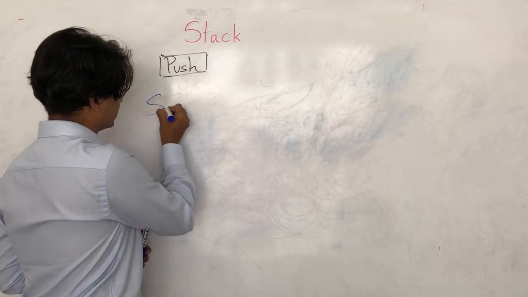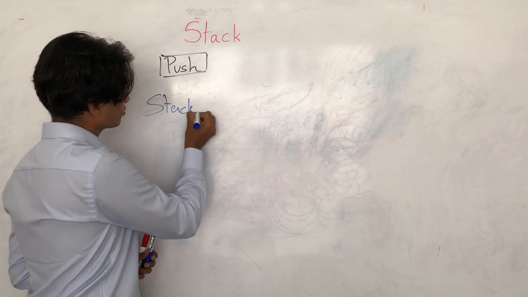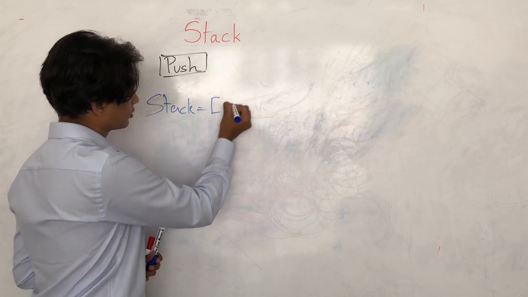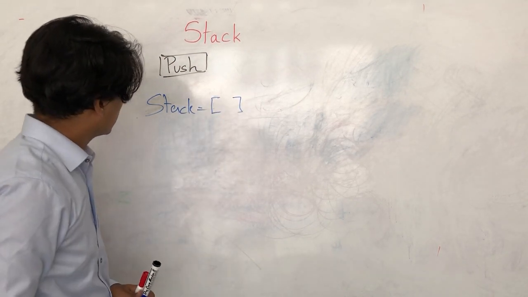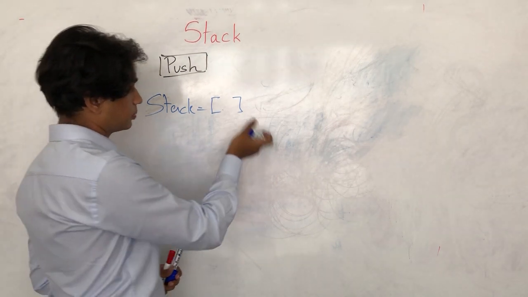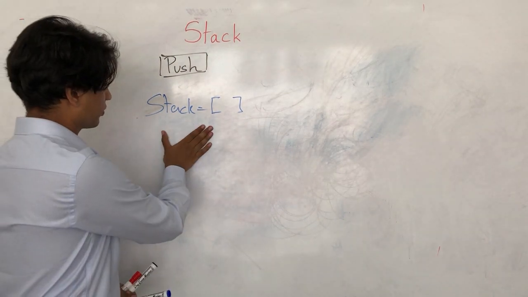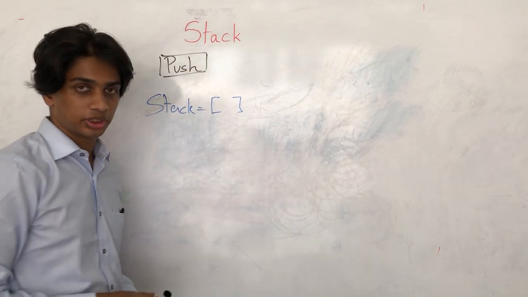Suppose we have an empty stack like this. Now I am going to take 3 elements and put them into this empty stack. In order to do this, we are going to use the push method.